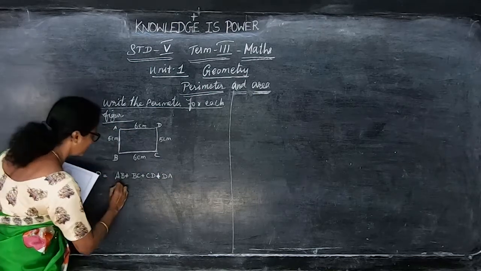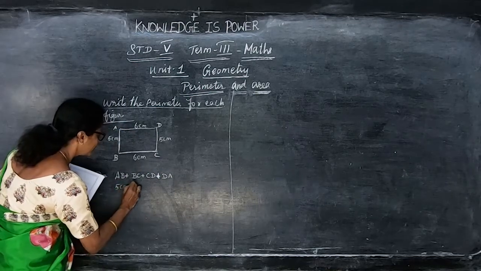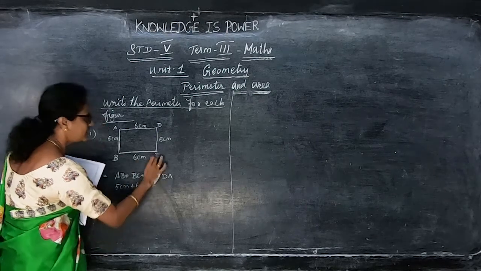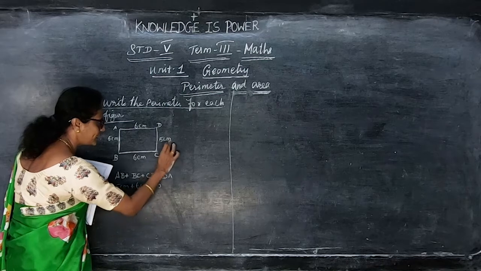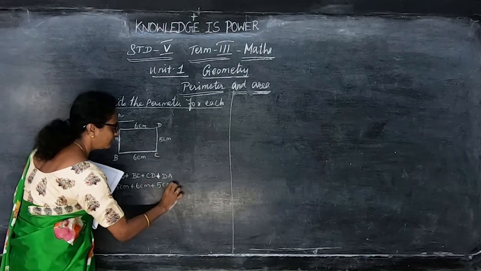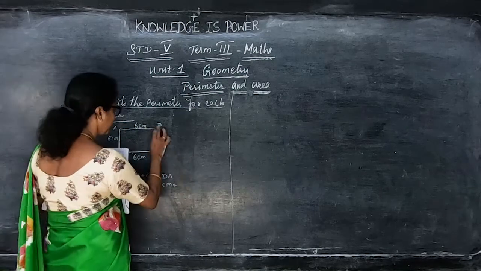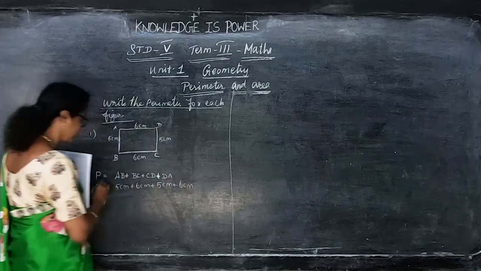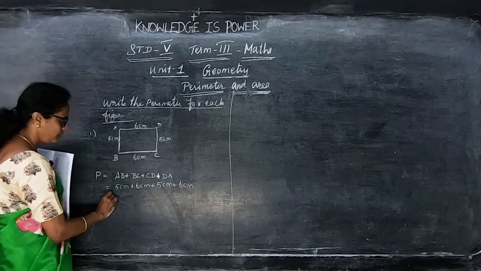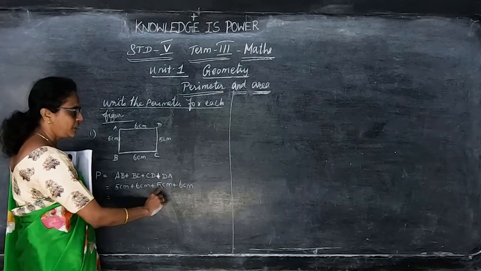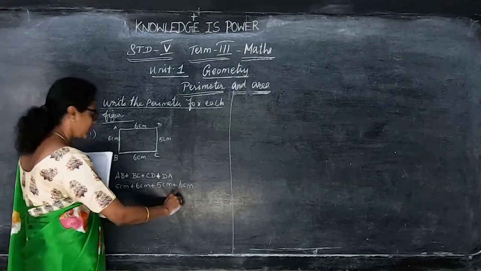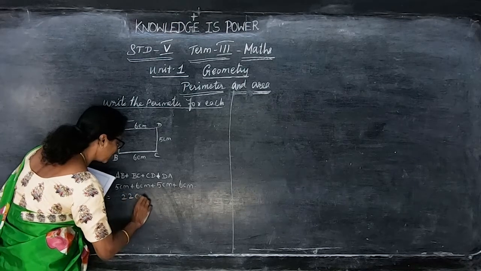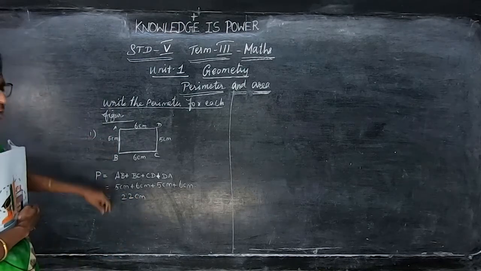So AB is 5 cm, plus BC is 6 cm, plus CD is again 5 cm, plus DA, that is 6 cm. Add all of these. That is equal to 5 plus 6 is 11, 11 plus 5 is 16, and 16 plus 6 is 22 centimeter. So the perimeter of this figure is 22 centimeter.